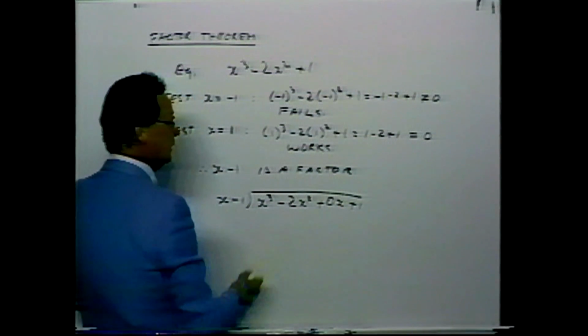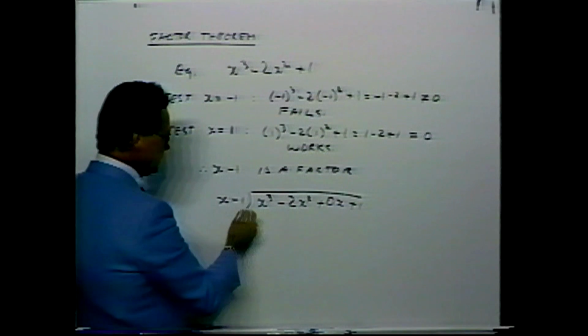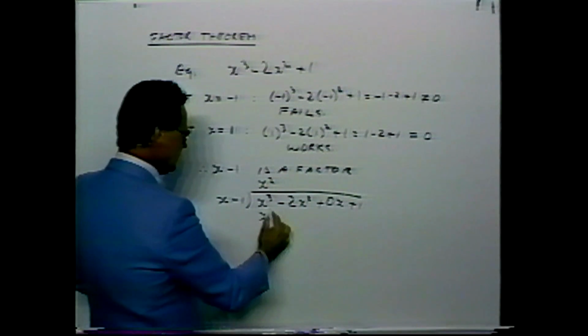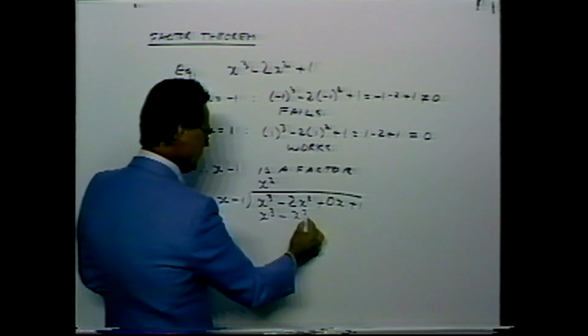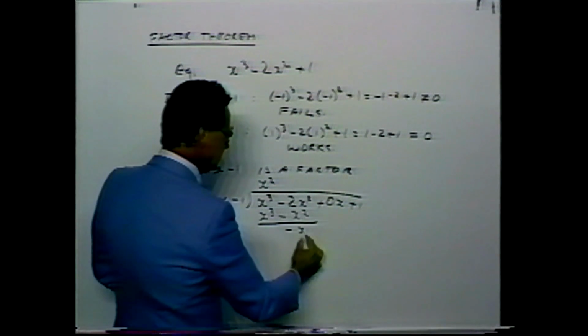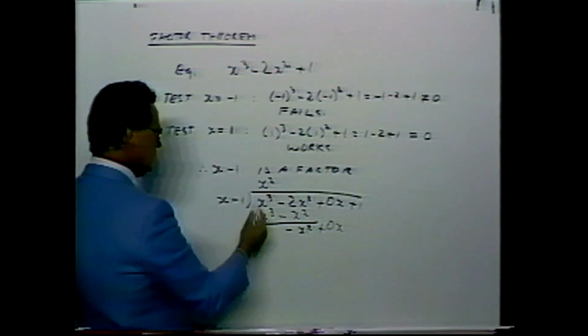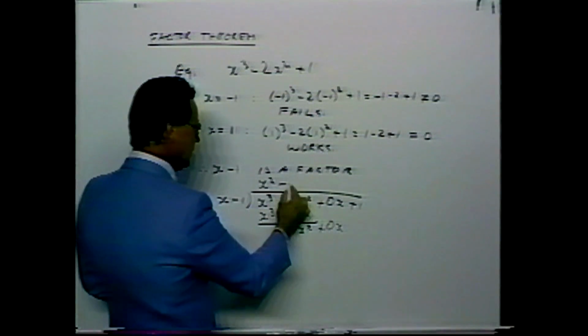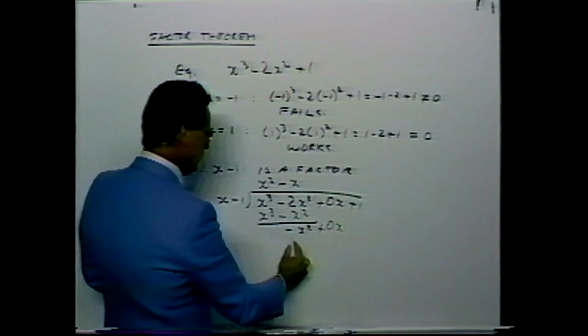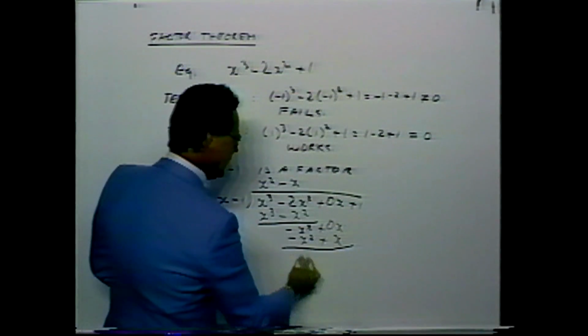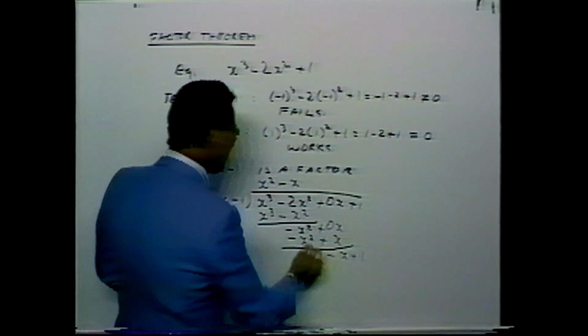If you don't understand why the 0x, x divided into x cubed is x squared. Multiply this out. Subtract. Bring down a number. X into minus x squared is negative x. We have negative x squared, positive x, subtract. We have negative x plus 1.